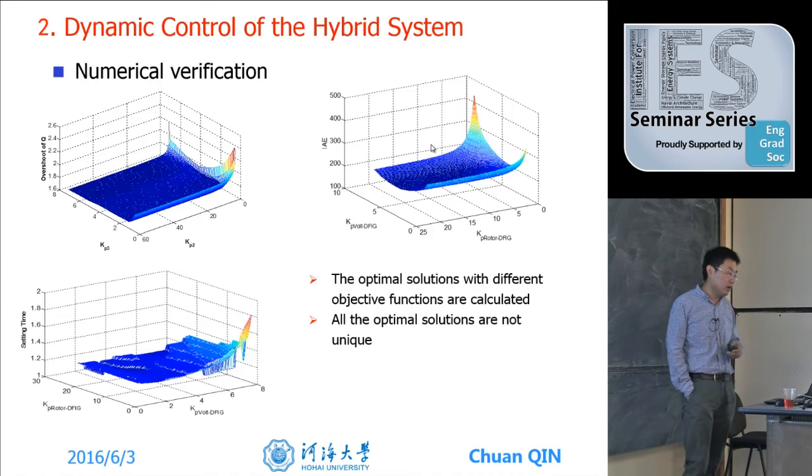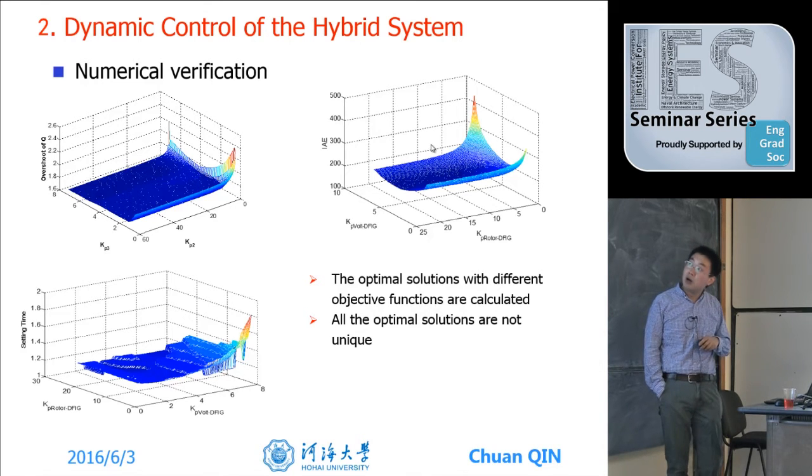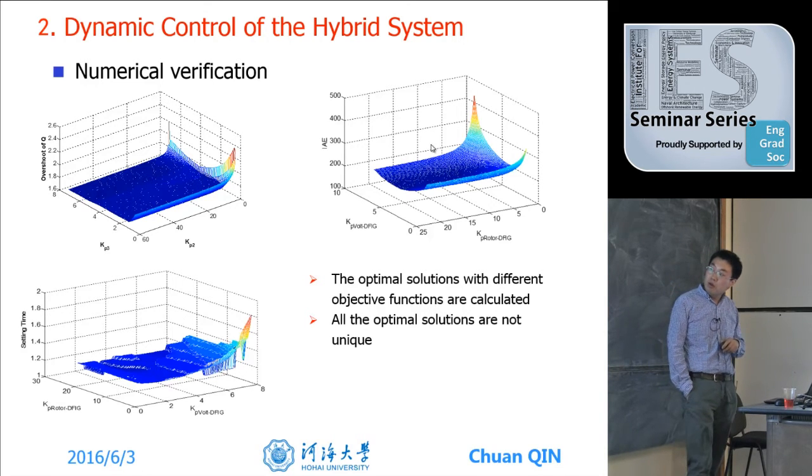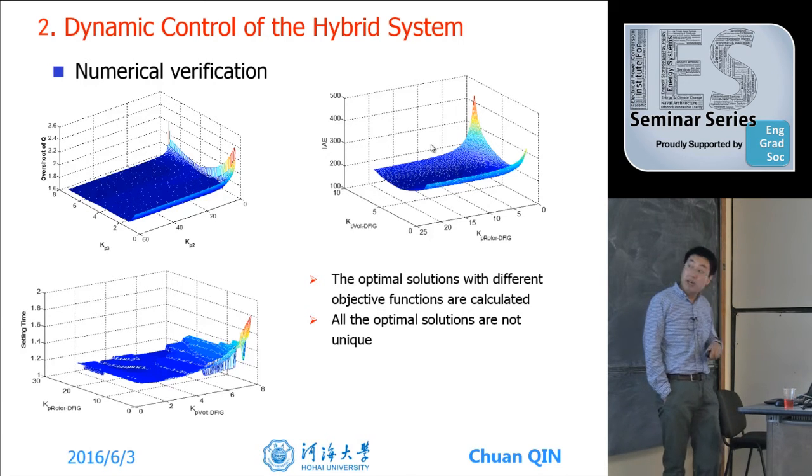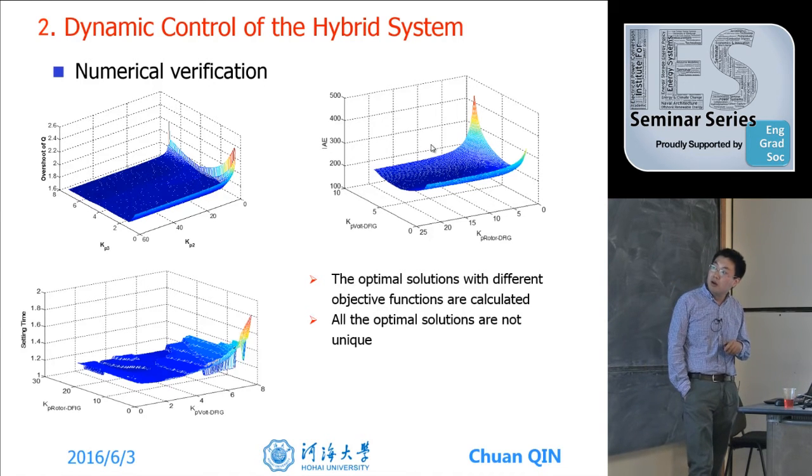We have some numerical verification. We calculate the optimal solutions with different objective functions. This is the overshoot, this is the settling time, and this is the IAE. You can find that all three optimal solutions are not unique.